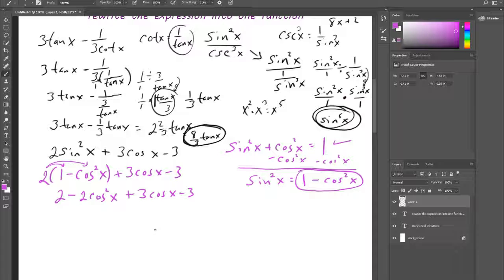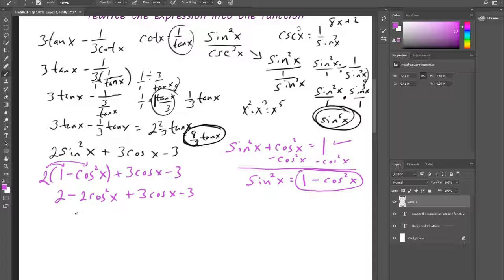Then I'm going to put these together, and don't fall for this trap. Cosine squared x plus just cosine x does not go together. So you're going to have 2 cosines in this. That's like x squared plus x, which is not equal to something else. It won't combine because they're not like terms. The only like terms are this 2, which is positive, and that minus 3, which becomes negative 1.